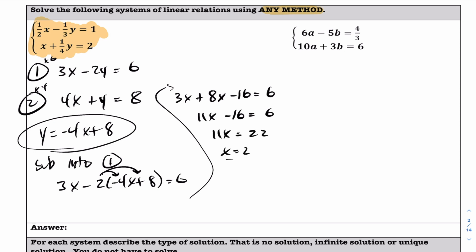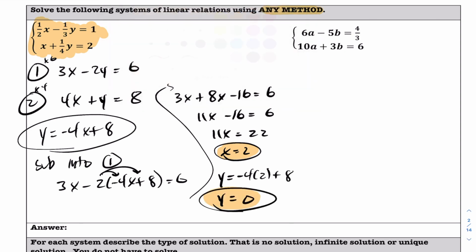And I get my x value of 2 here. So now we've got the x value of 2. I'm going to sub that into either equation, and again, you can use your simplified equations. I'm actually going to sub it into this equation right here, in which case we get y is negative 4 times 2 plus 8. I end up getting here that y is 0.